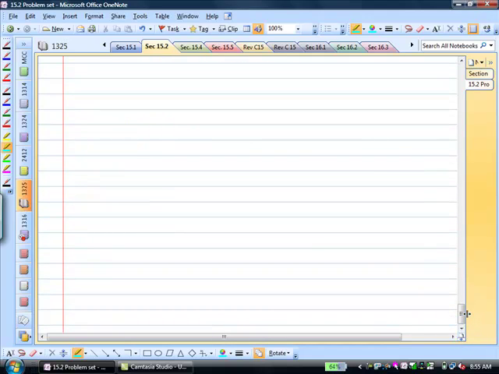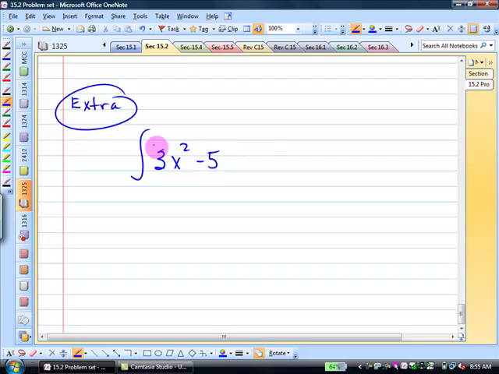Okay. Try this problem for me on your own. Find the integral of that thing. It's kind of a little twist on what we've been doing.